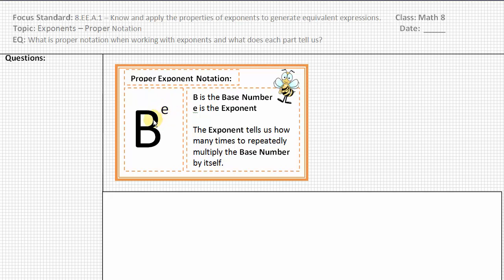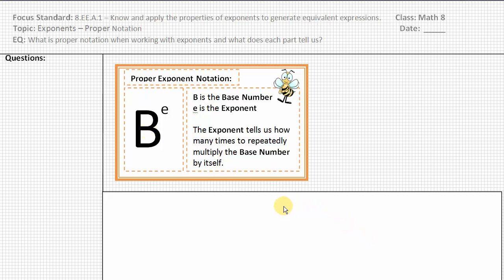As I said, the large number, represented now with a B, is your base number. And the superscript, the smaller number raised above, currently represented by an E, is the exponent. So in exponential notation, the exponent tells us how many times to repeatedly multiply the base number.